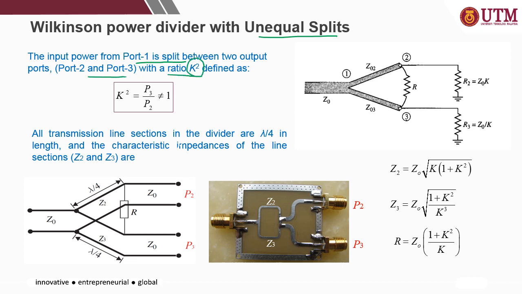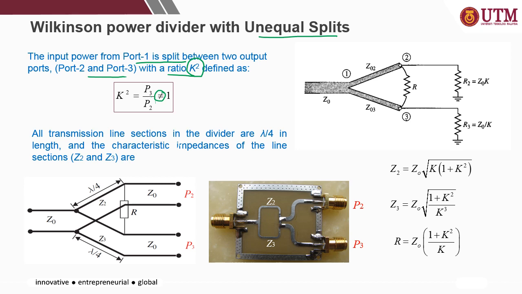If it is an unequal split, K squared, the ratio between P3 and P2, is not equal to 1. If it is an equal split, P3 divided by P2 equals 1.